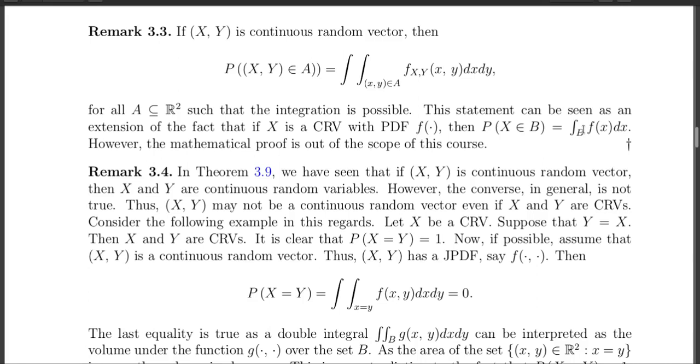So if (x, y) is a continuous random vector, and I want to find the probability that (x, y) belongs to A, I can find it by taking the double integration of the joint density function of (x, y) over the set A. Obviously, again I am assuming that A is a subset of R square such that this integration is meaningful.